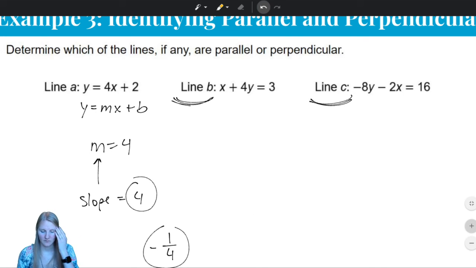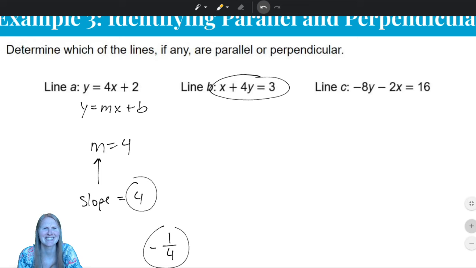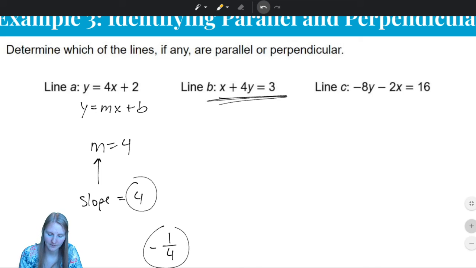Okay. All right, so line B. This isn't in y equals mx plus b. How can I find the slope if it's not in y equals mx plus b? Well, we can put it into y equals mx plus b. This is going to be a little refresher from section 1.5 on literal equations, because we're going to solve this for y.